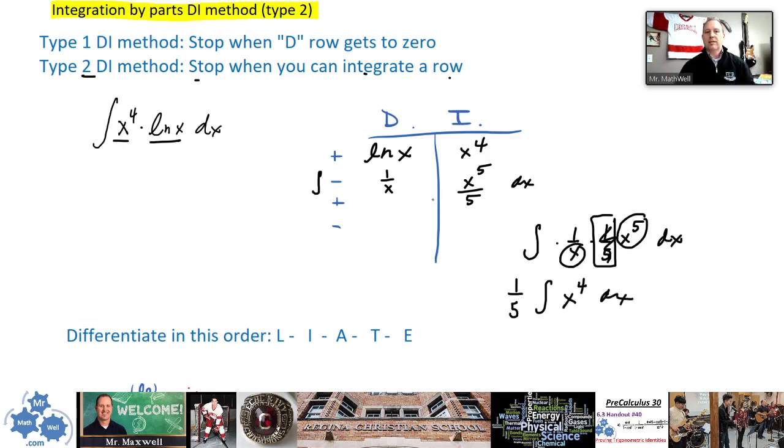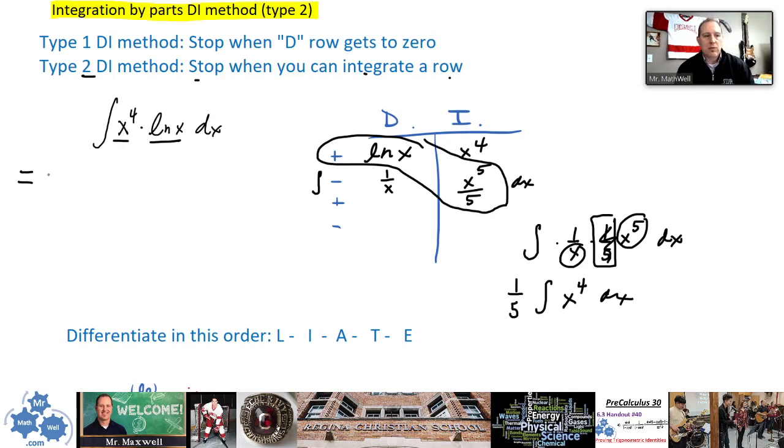So in this case, you do one differentiation, one integration, and now you look at the row and it simplifies. So now you can integrate a row. So watch what happens now. So I take this and I go, my first term, I am still going to do this sort of diagonal thing right there.